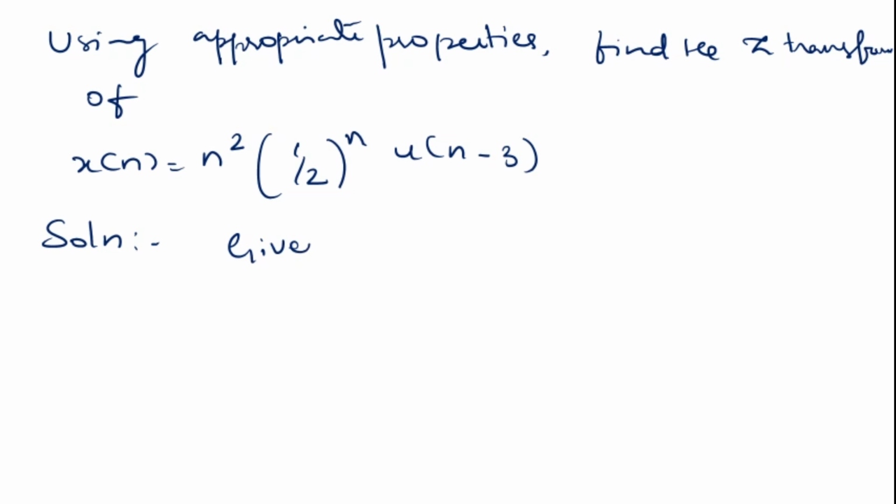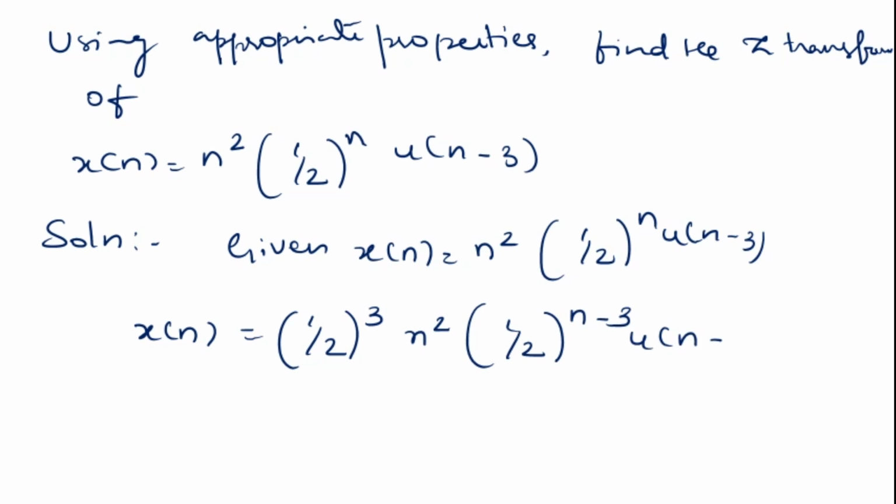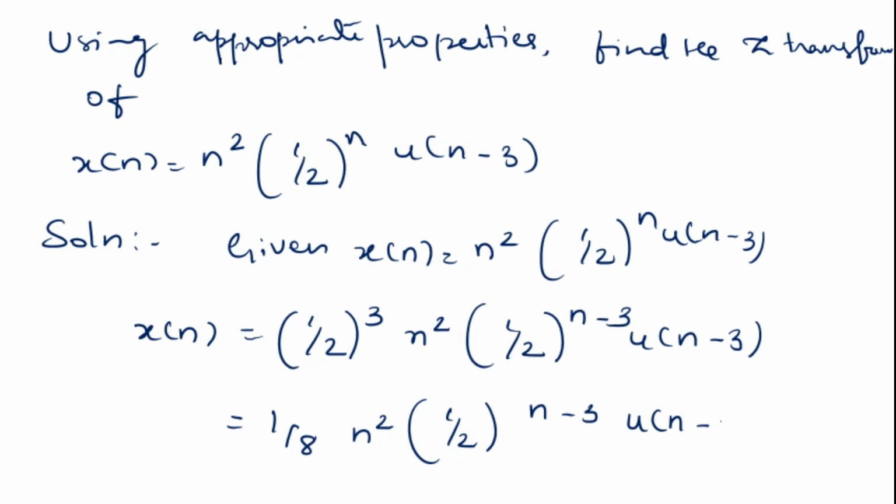It is given x of n is equal to n square into half to the power n into u of n minus 3, or we can write x of n as half to the power 3 into n square into half to the power n minus 3 into u of n minus 3, which is equal to 1 by 8 n square into 1 by 2 to the power n minus 3 into u of n minus 3.